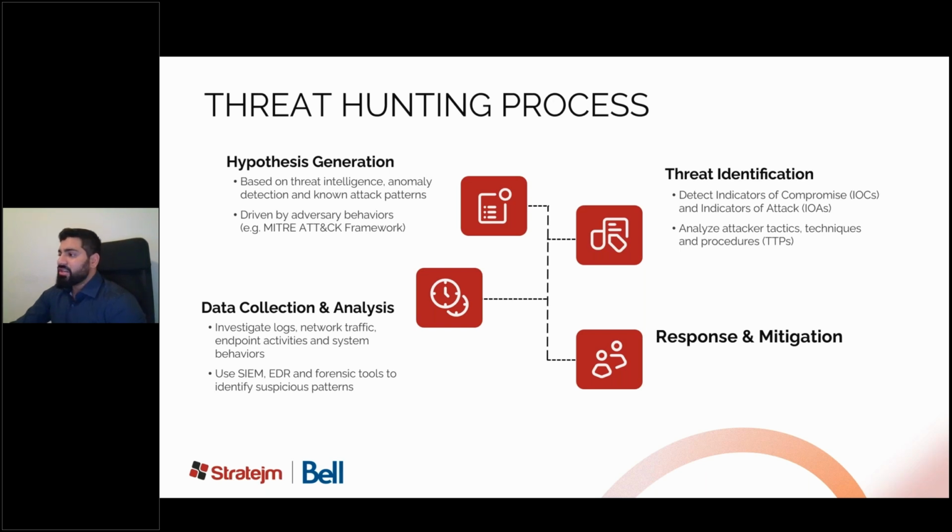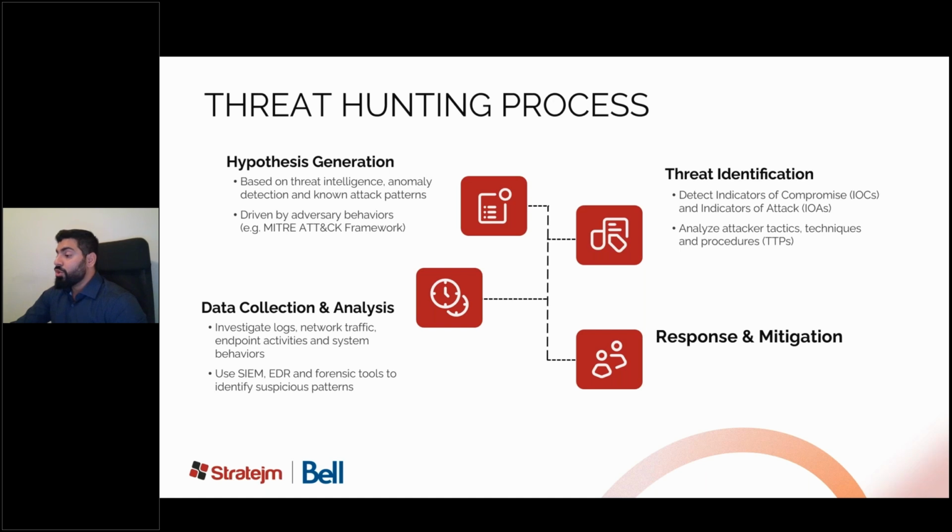Now, indicators of compromise are forensic artifacts, right? So these are indicators that have been observed in previous incidents, in similar attack vectors, such as malware signatures, file hashes, malicious IPs, malicious domains, and so on and so forth. Now, indicators of attack is the intent of the attacker. So rather than looking at known signatures, we're trying to identify the behavior.